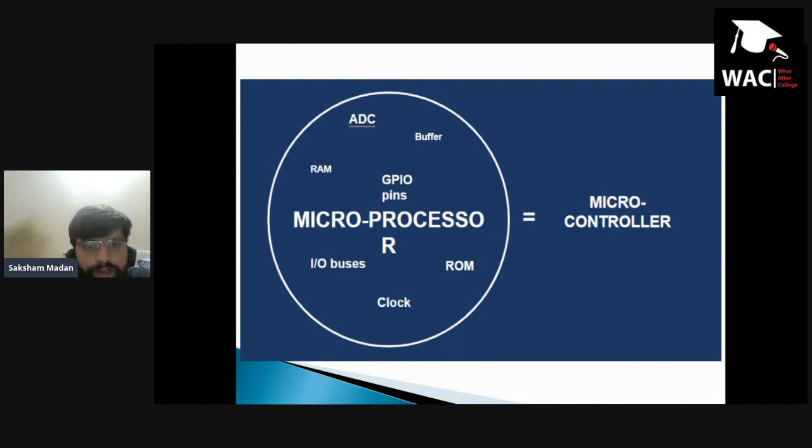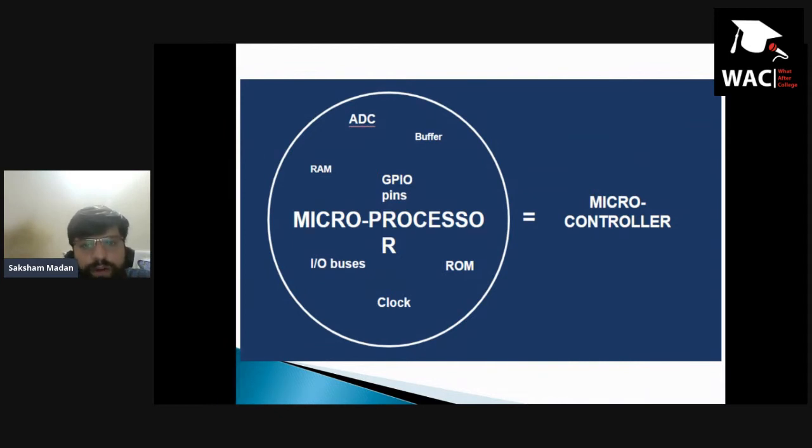So for that conversion we need ADC pins. What is the difference between analog and digital? In analog we have an output of 0 to 255, and in digital we have an output of 0 and 1 only. Then there's buffer memory.